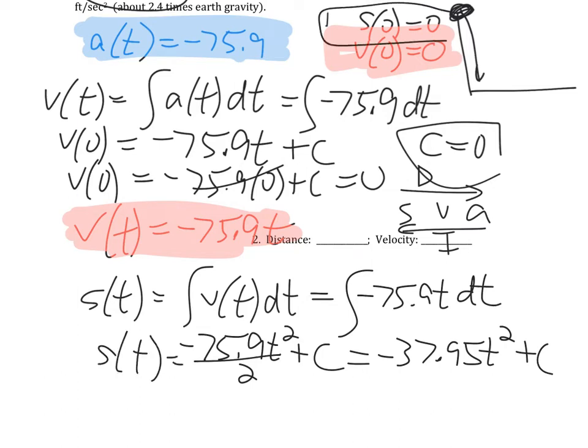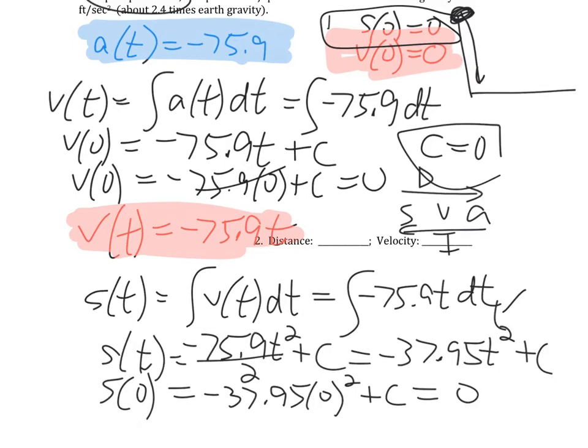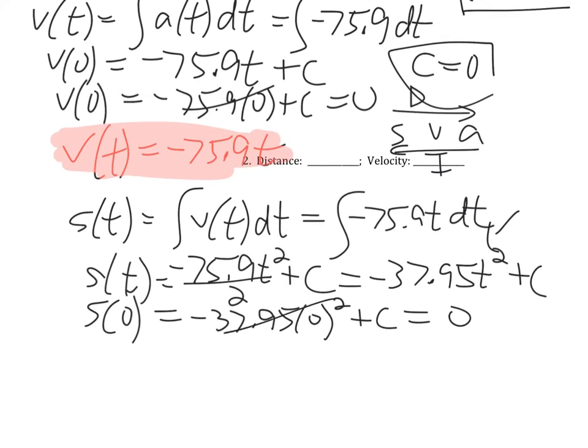But since we assume that s of 0 at the top of the cliff was also going to be 0, I plug in 0 for t, and that's going to give me negative 37.95 times 0 squared plus c, and s of 0 is defined to be 0. So that makes our constant c equal to 0.